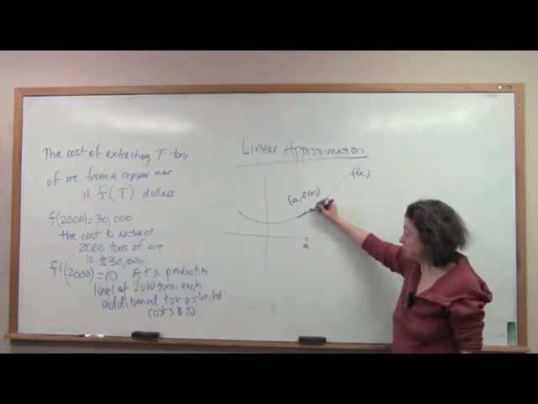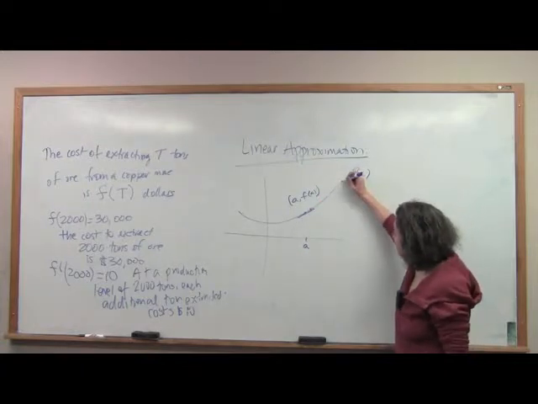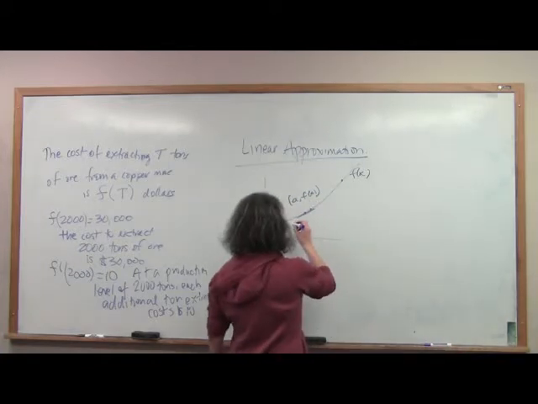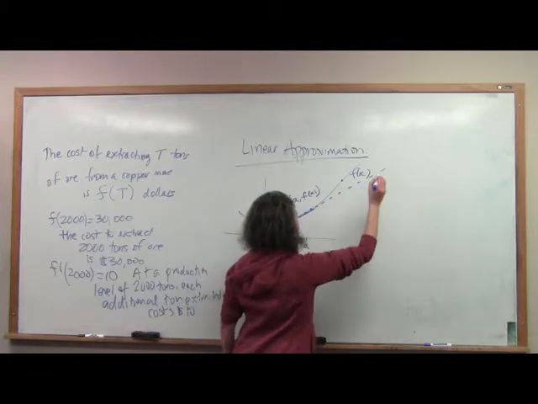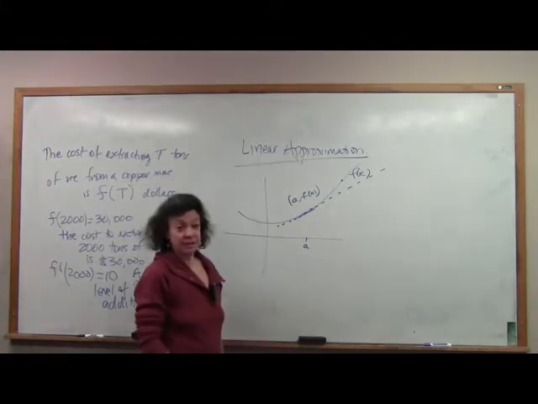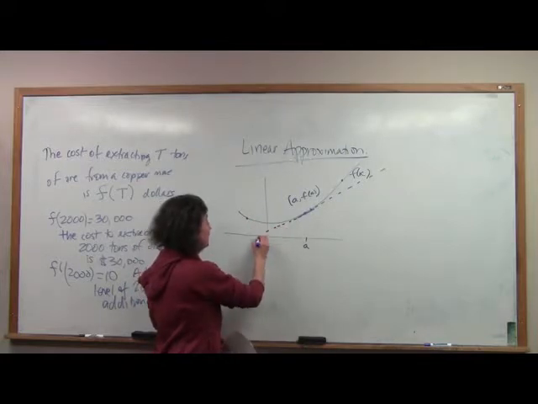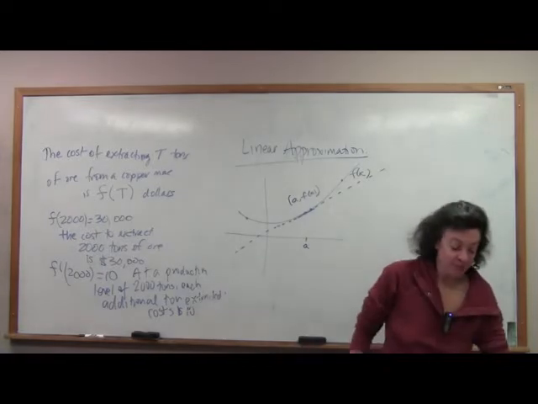Now, that would be true for this point because it's pretty darn near A. But I claim for up here, that's not going to be worth very much at all, because if I continue this line, it's not a good estimation at all. And then you take a point over here and continue this line, boy, it's nowhere near that.